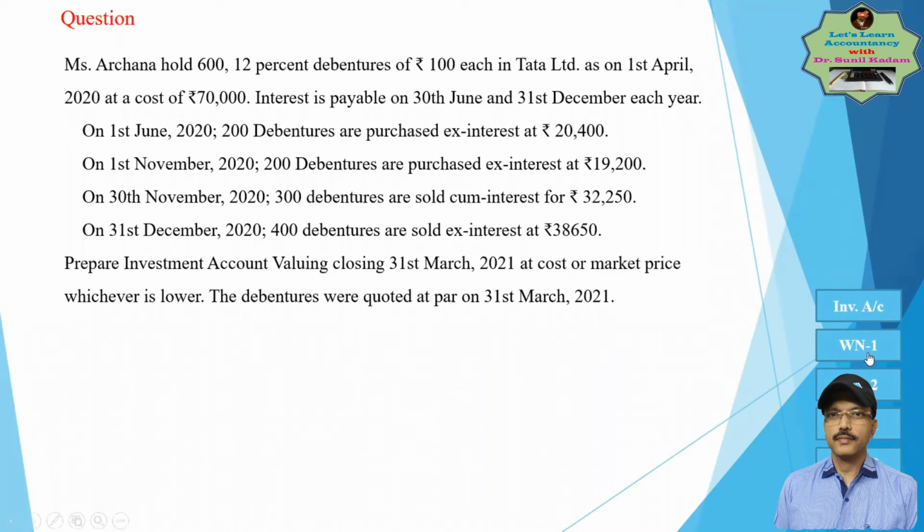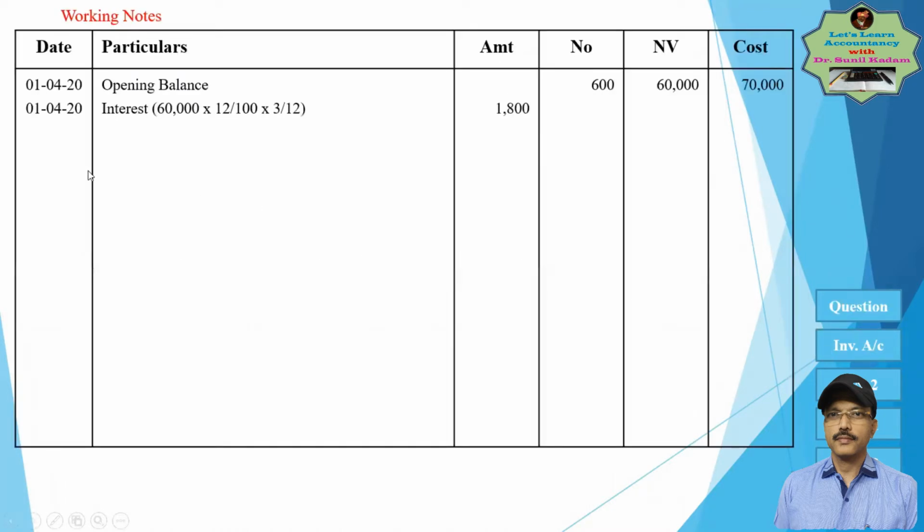On 1st June, purchases 200, ex interest price, 200 into 100, it is 20,000, and the price of 20,400 is given. We need to work out interest because it will be paid separately, accrued interest on this 20,000, 12% for 5 months.